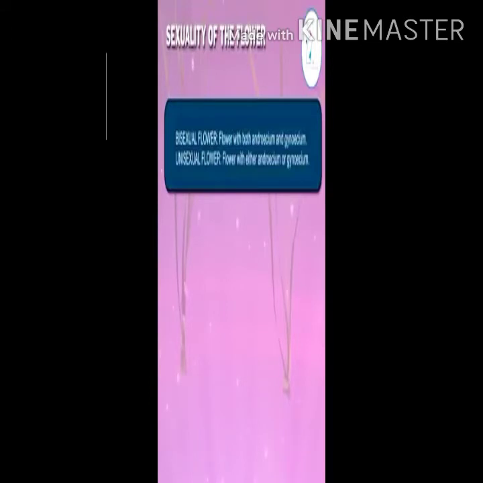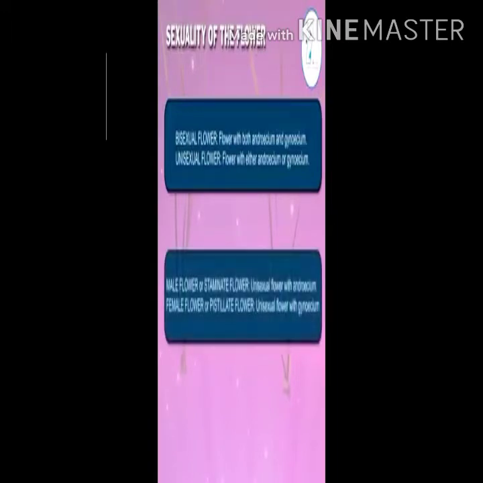Unisexual flower: flower with either androecium or gynoecium. Male flower or staminate flower: unisexual flower with androecium. Female flower or pistillate flower: unisexual flower with gynoecium.